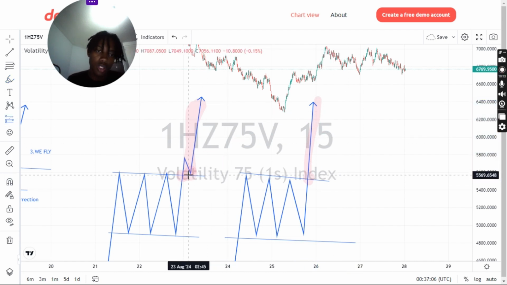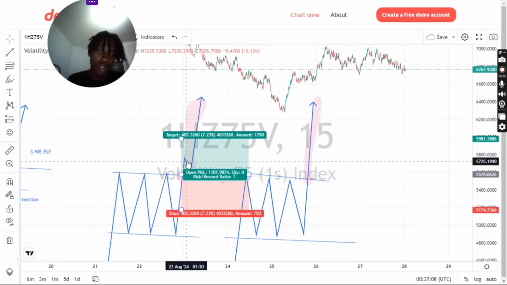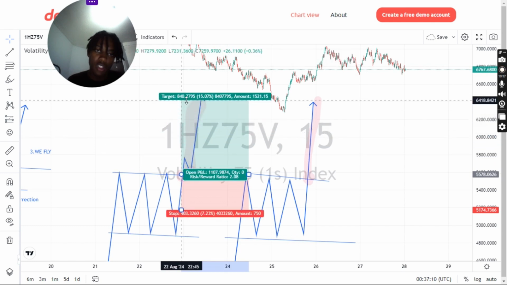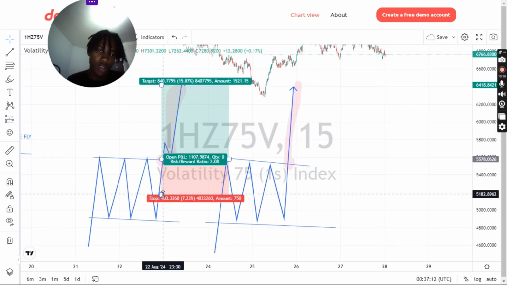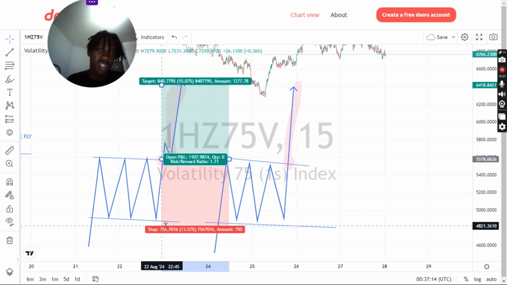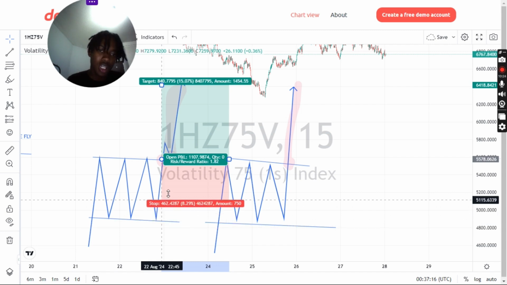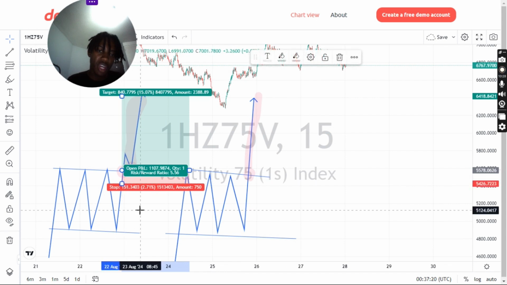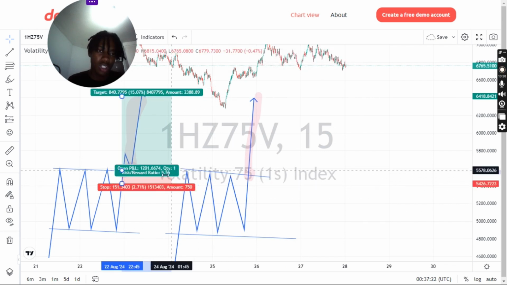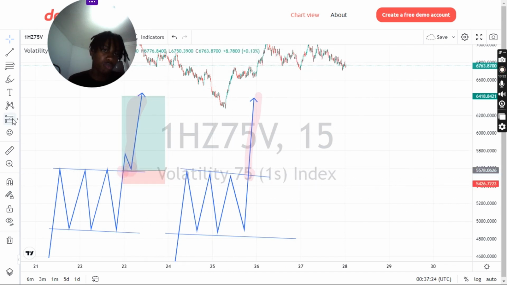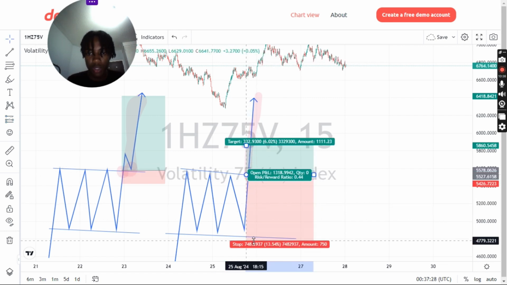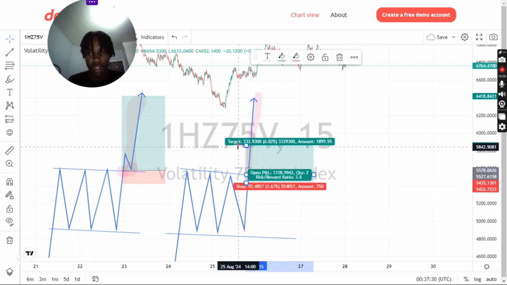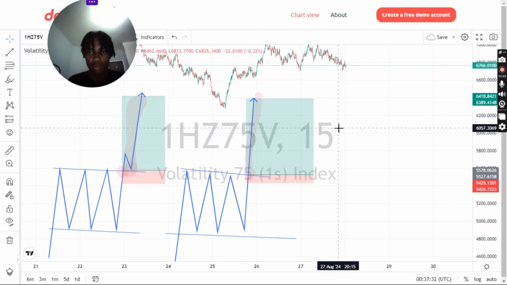So where would we be looking to take our stop loss? If it's just an initial break, we can have a stop loss maybe around here, but that's a 1-to-1. We don't like 1-to-1s. We can have a stop loss around here. Let it breathe, but also don't trade like you're a billionaire. And the same thing here. You can either put it down here or let it breathe here. Don't trade like you're a billionaire.